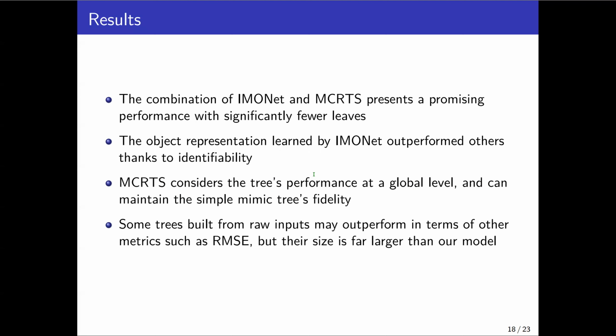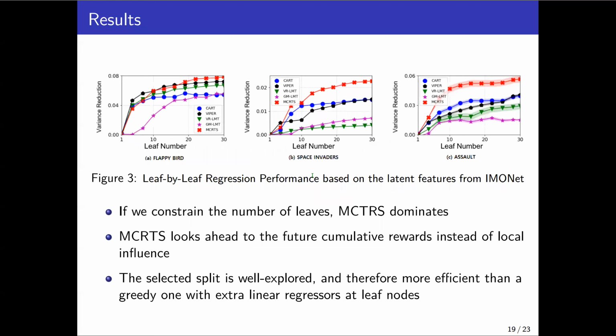Of course, we see some trees built from raw inputs which outperform in terms of other metrics such as the root mean squared error, but their size is far larger than our model.